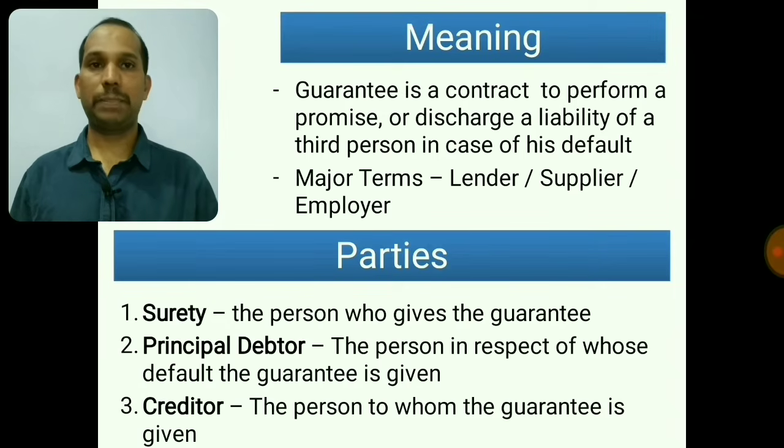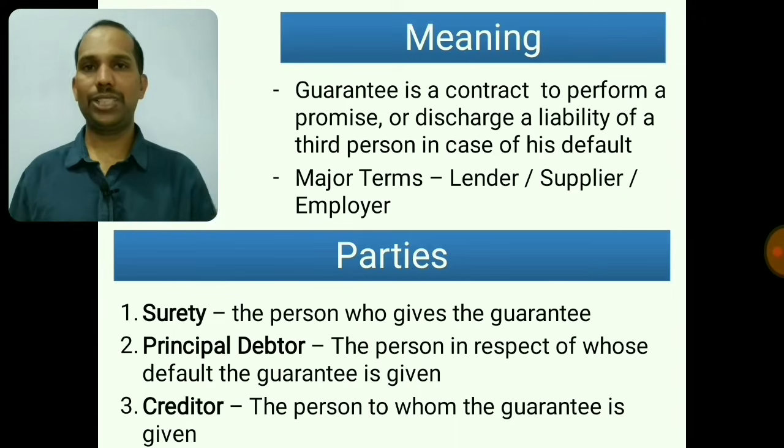That is in the case of supplier. In the case of employer, what happens? You are asking the employer to give employment to your friend and say that if he ever fails to perform his job perfectly, I am the guarantee and I will assure that the same is taken care of. That is in the case of employer.